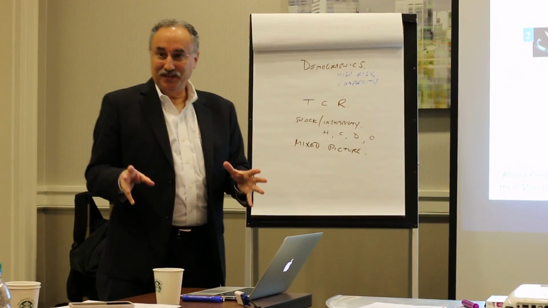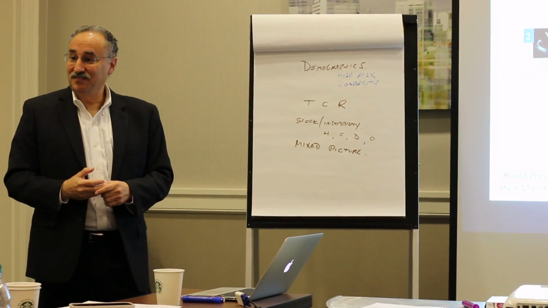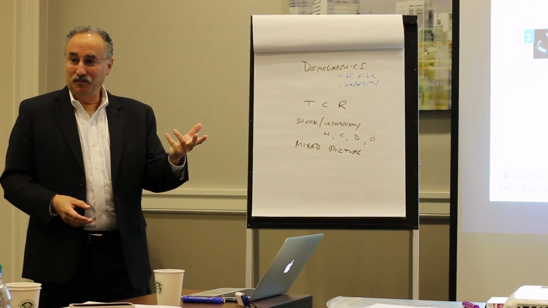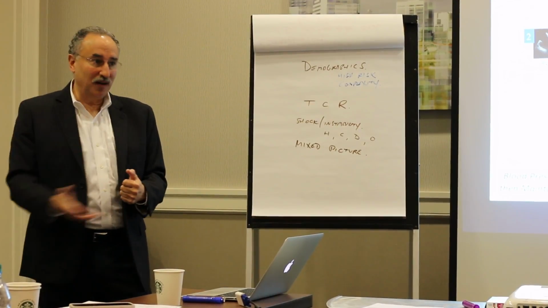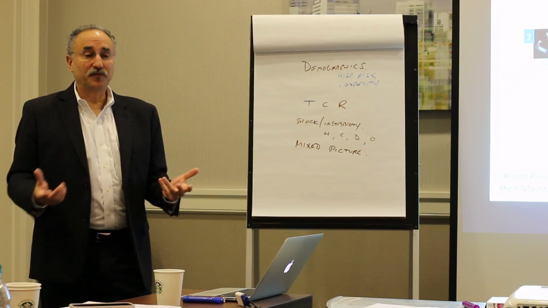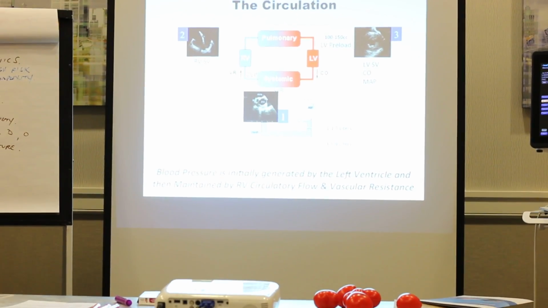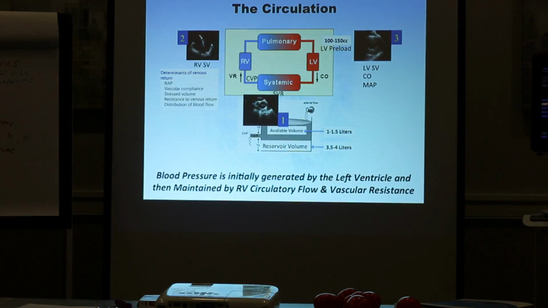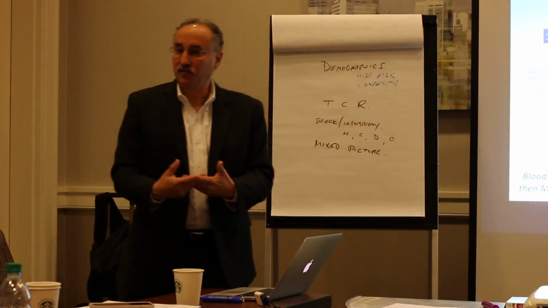Now that's leading up to: all right, so what can I do about it? This is the way the system works. I have the LV pump, I have left ventricular end diastolic volume, and I have to maintain filling and function, but at the same time maintain the flow around, which is cardiac output. So how am I going to affect that, work with it, or manage it? There's also some confusion you'll get from the cardiology side of the house, where they know a lot about hemodynamics, filling and function.